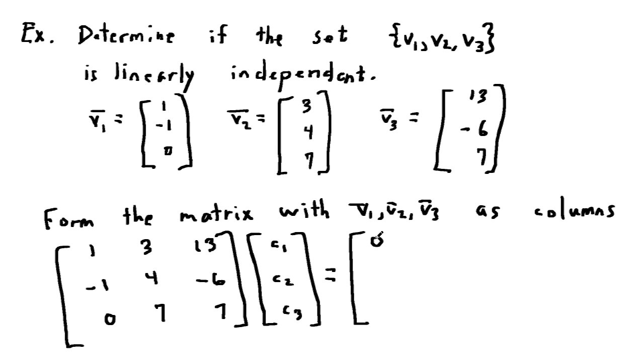Set that equal to 0, the 0 vector, which has zeros in every entry. Now, we want to know if this system of equations has only the trivial solution.